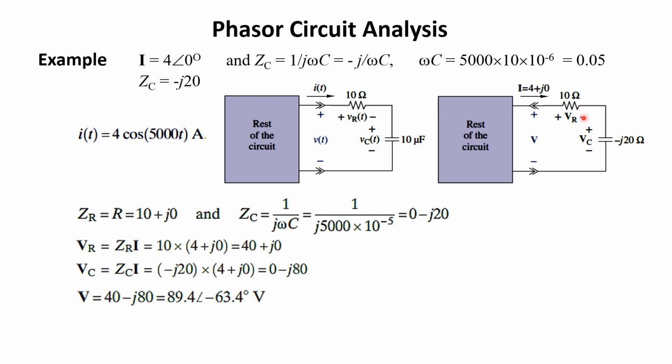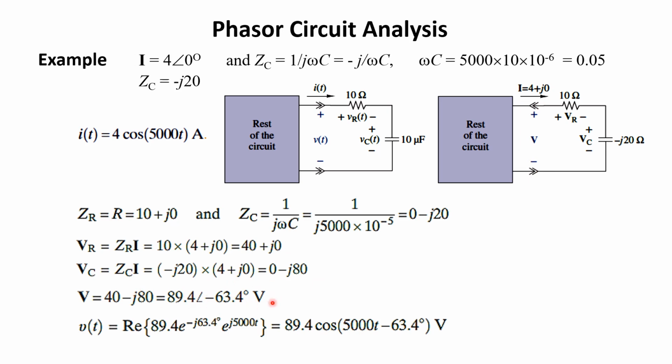This is the only thing we need to do in phasor circuit analysis. We consider the capacitor as minus j over omega C and the inductance as j omega L. Resistance remains the same.